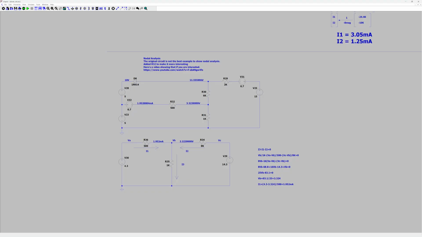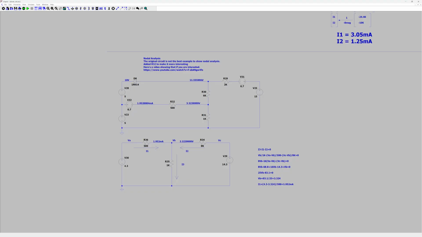You know that these three currents add up. So I3 equals I1 plus I2, or you write it I3 minus I1 minus I2 equals 0. And then you write your equations for the voltage nodes.